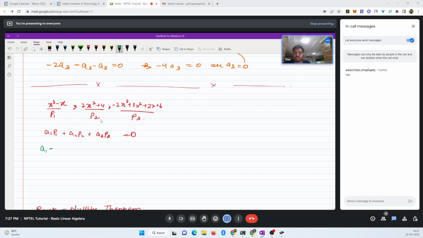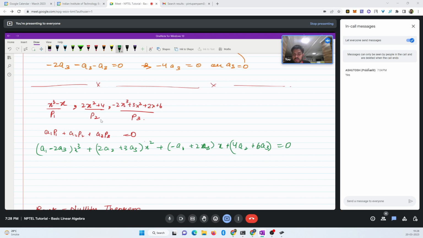This means a1 minus 2a3 times x cube, plus 2a2 plus 3a3 times x squared, plus minus a1 plus 2a3 times x, plus 4a2 plus 6a3, which is equal to 0.